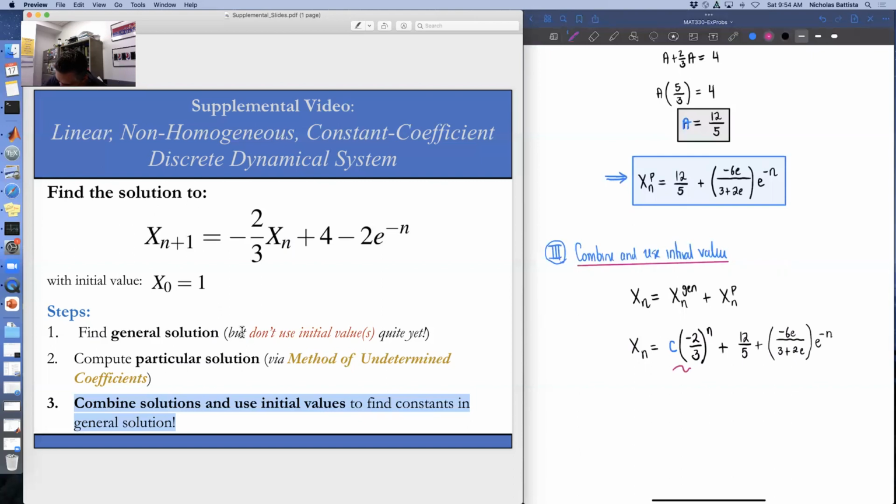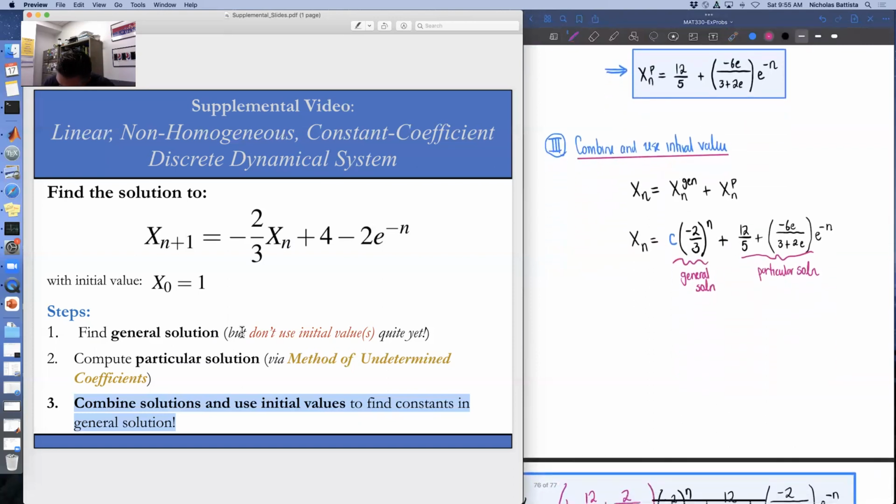Again, this was our general solution, or the complementary solution that solved our homogeneous equation, and this second piece was our particular solution that solved the non-homogeneous equation. The thing to point out right now is that from the general solution, we have this extra constant c that we still haven't solved for. We're going to tie this entire solution into our initial values, using them to land us at the correct starting place for this whole discrete system.